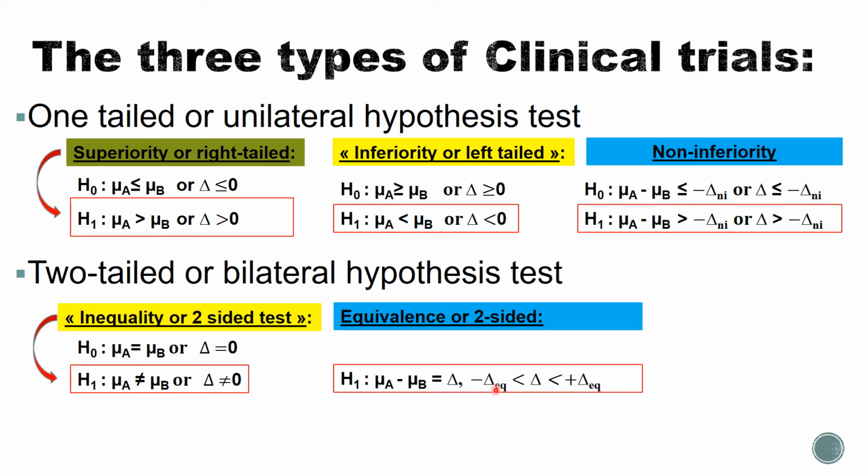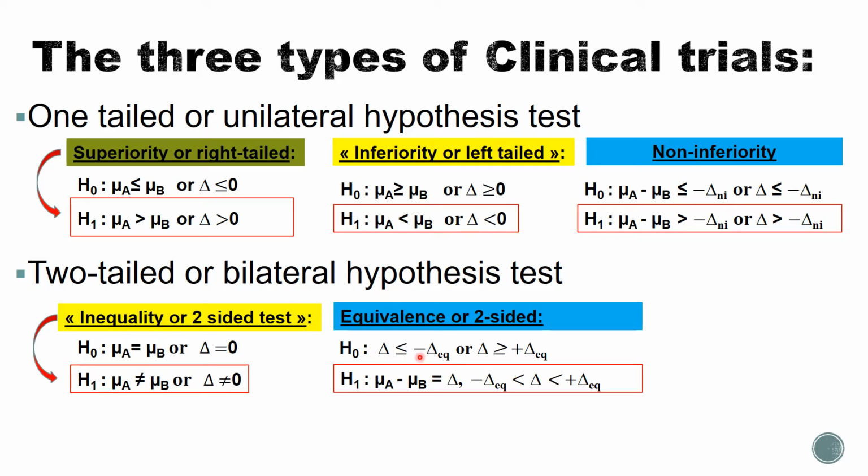So we have a minimum boundary or a minimum threshold, and the difference should fall within a particular interval for us to say that, okay, the new drug, which is drug A, has equivalent therapeutic effect compared to the existing drug, which is drug B. So what it means is that the differences between drug A and drug B must lie in between the two given intervals. That is the lower threshold and the upper threshold.